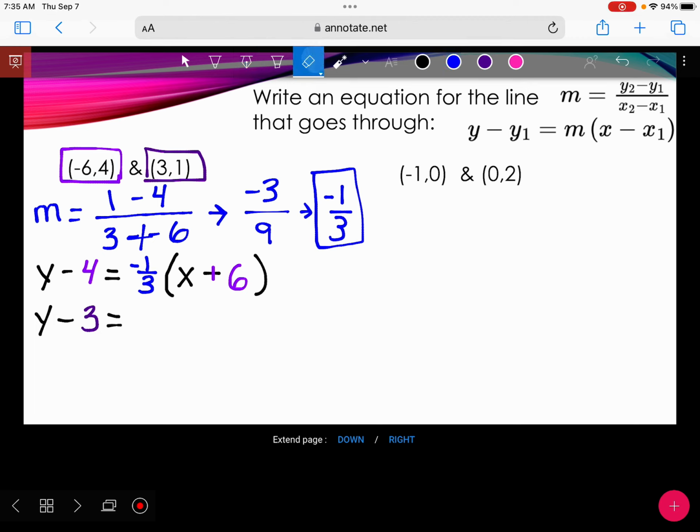Not 3, 1, sorry. I was supposed to use the right point information. With our slope of negative 1/3 times the quantity x minus 3. The exact mistake I made right there is the most common mistake we're going to have, where we accidentally flip-flop the x and the y.